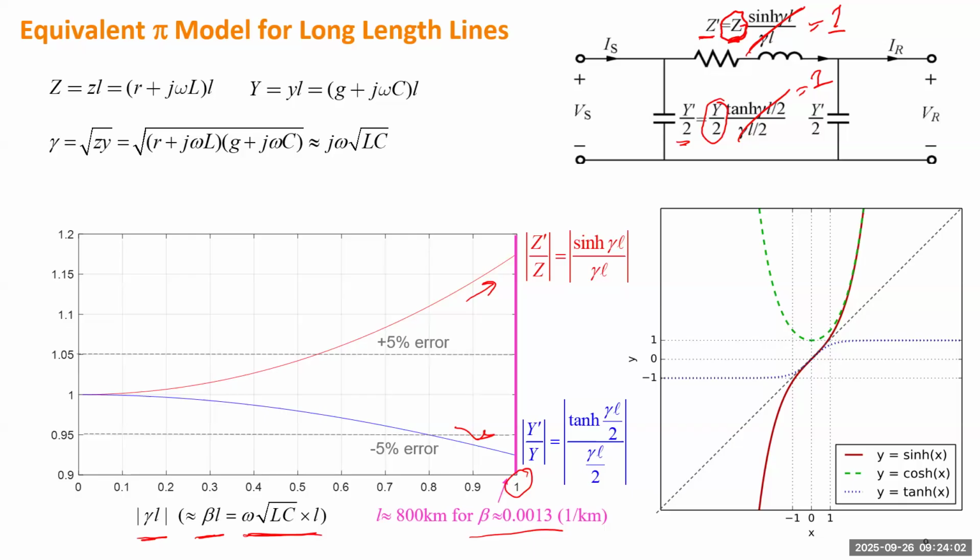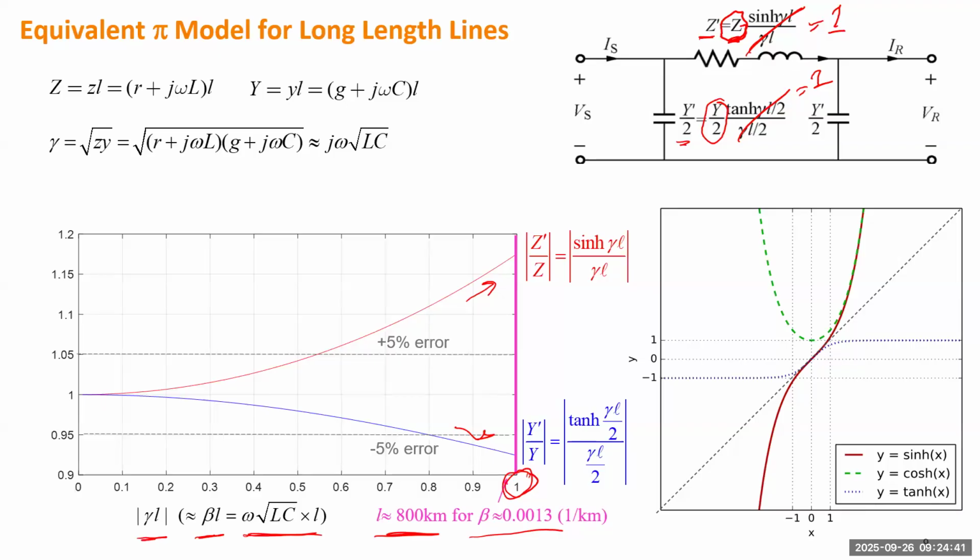The unit is 1 per kilometer, which means beta multiplied by distance will give you a value without unit. So when beta L is equal to 1, L is 800 kilometers. So this plot shows if the line increases in length from 0 to about 800 kilometers, how those two factors can deviate from 1, how the error can grow. So the total line is 800 kilometers.